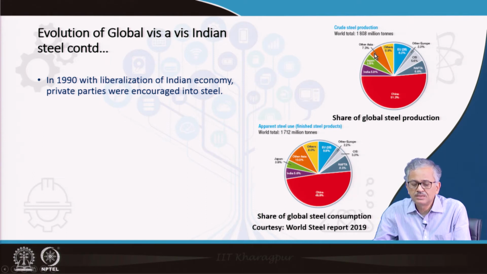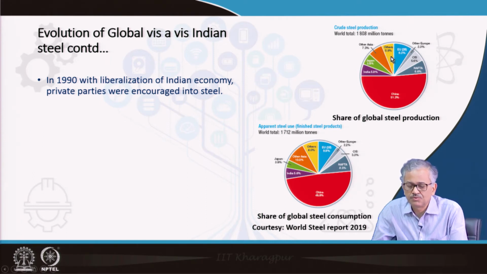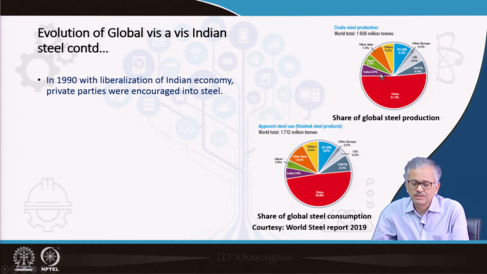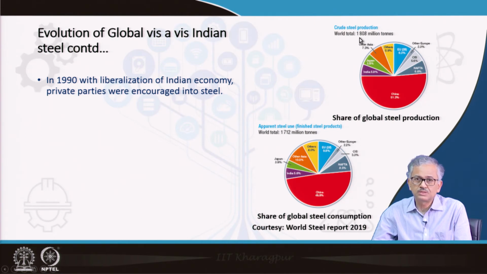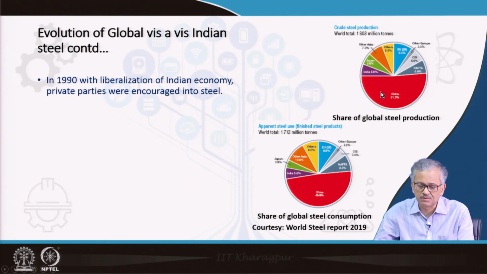Then other Asia 7.3%, European Union 9.3%, and others. The total production today is 1,808 million tons, out of which China itself produces more than 900 million tons.